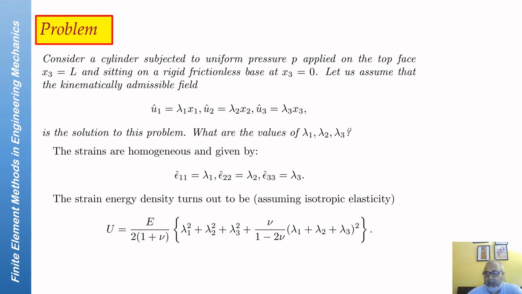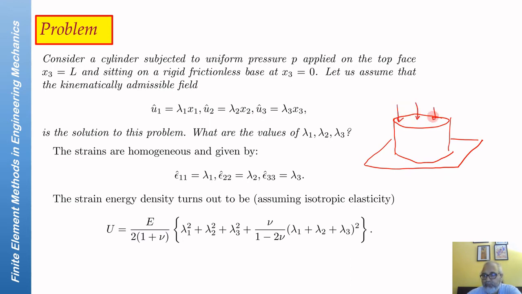Now let us see how this minimum potential energy principle works. Here I have a cylinder sitting on a rigid floor. So this is the floor, and it is subjected to pressure from the top.